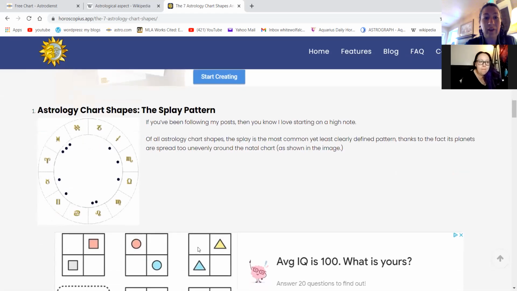Out of all the astrology charts, display is the most common, yet less clearly defined person, thanks to the fact that its planets are spread too unevenly around the natal chart. So it's not fixed, they're not here to accomplish one thing. They're kind of all over the place. They're here to learn many things. They're not here for a specific thing, or they're here to just do it all.